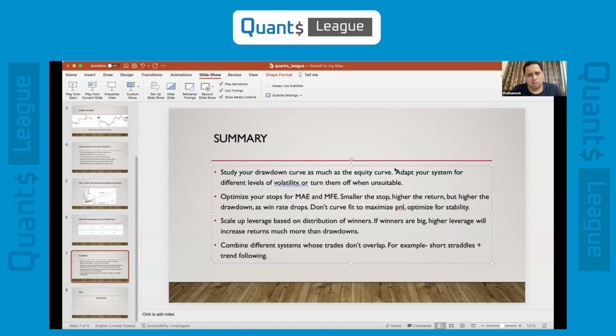Another question is, what should be the optimum in-sample and out-of-sample period? This is subjective because it depends on your time frame. I would say you should go back not based on necessarily a length of the data, but on whether it covers all kinds of markets.